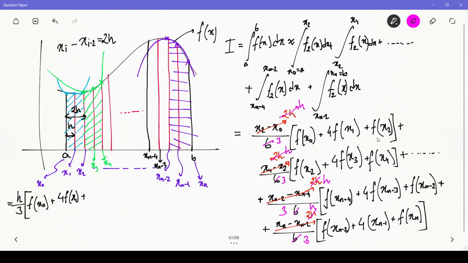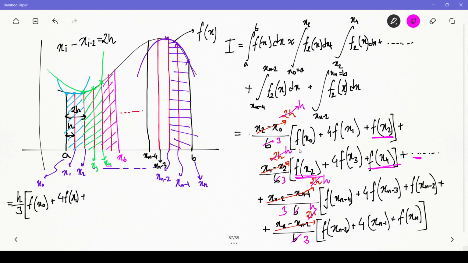What we can see is that f of x2 is appearing once in this term, and again once in this term as well, right? f of x4 is appearing once in this term, and again implicitly once in a term within this ellipsis. In this ellipsis part, we have another term which starts with f of x4, because for these two segments, to find the area we need to start with x4 and end at x6, right? So of course there is a term over here which starts with f of x4.